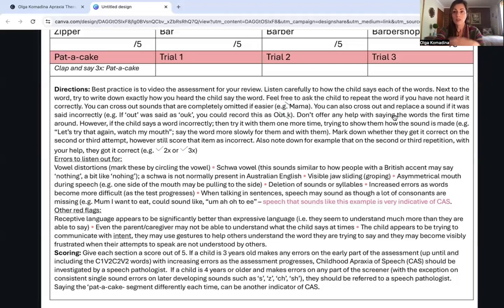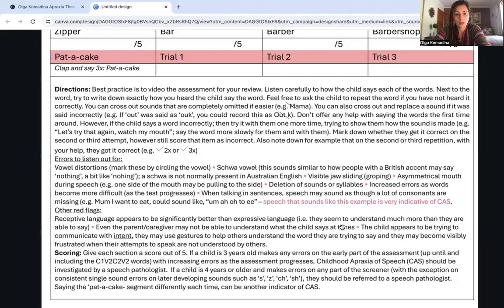As a result, it can become very frustrating when the child is trying over and over to get it out, but often parents can't understand some of the words they're trying to say, and they just feel like they don't have a way to get it out. And of course, AAC can have an important role to play there in the interim with reducing frustration. That's alternative and augmentative communication. Okay.